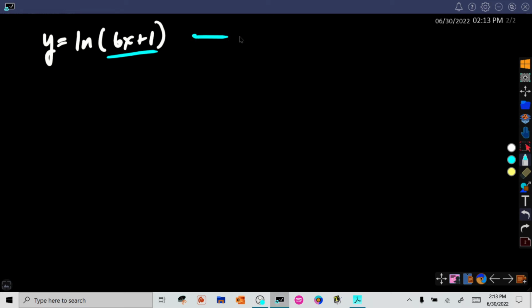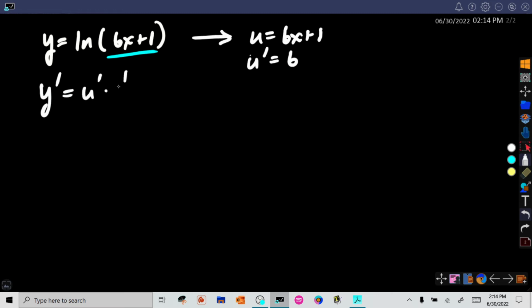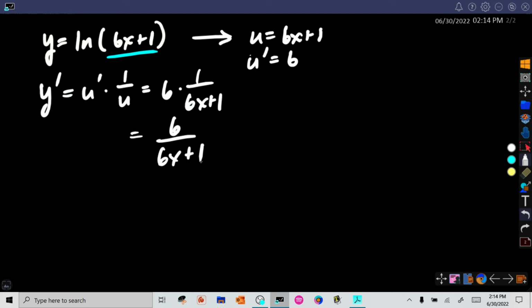It's kind of nice to get into a habit of actually writing this out, because when we start getting into antiderivatives or integration, we're going to be doing a lot of this. So if u is equal to 6x plus 1, the u prime is going to be 6, okay? So that means that my derivative here is going to be u prime times 1 over u, which in this case is just going to be 6 times 1 over 6x plus 1, which is the same thing as 6 over 6x plus 1.